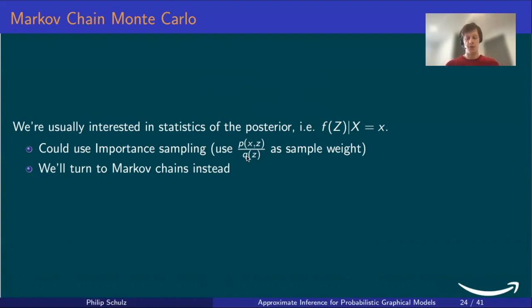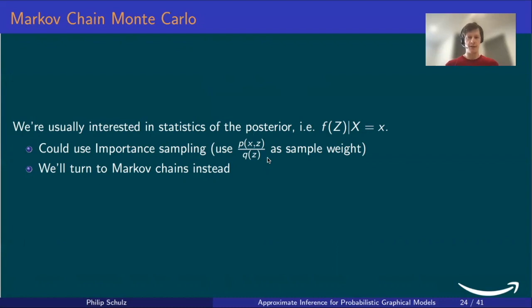And then as we compute the statistics, we'll just compute the statistics over our samples of Z. But each sample is weighted according to this ratio. Actual importance sampling is a bit more complex than that, but the main idea is that the samples are weighted by this ratio here. And that will then allow us to compute sample-based empirical statistics over the posterior.